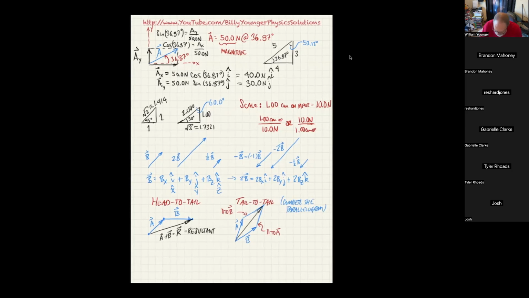Yeah, that looks better. Okay, and this vector is A, this vector is A plus B, also equal to the resultant. So you see how you add vectors that are head to tail and how you add vectors that are tail to tail? Any questions on that?